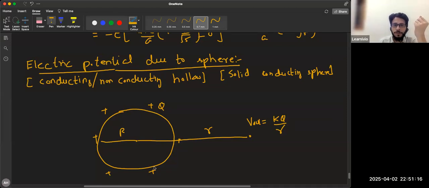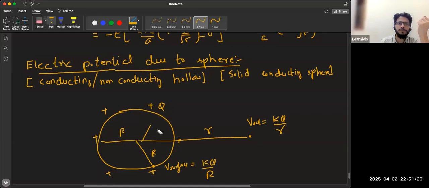For a point on the surface of the sphere, V surface is kQ by capital R. If I take a point inside the sphere, then this is a bit unusual.